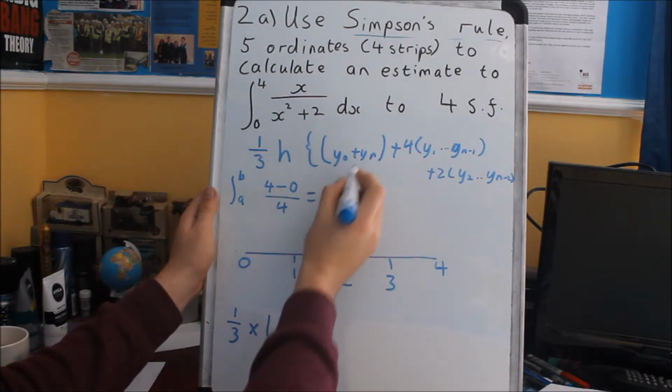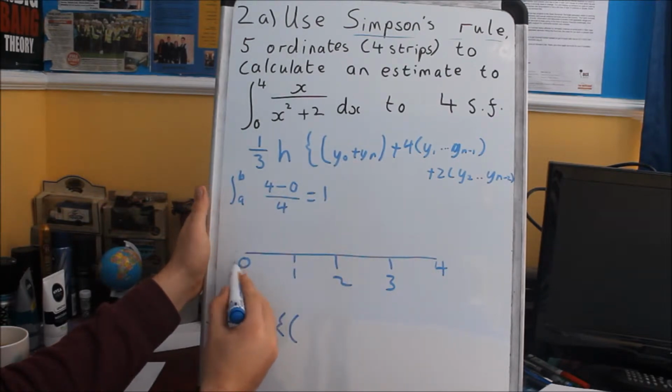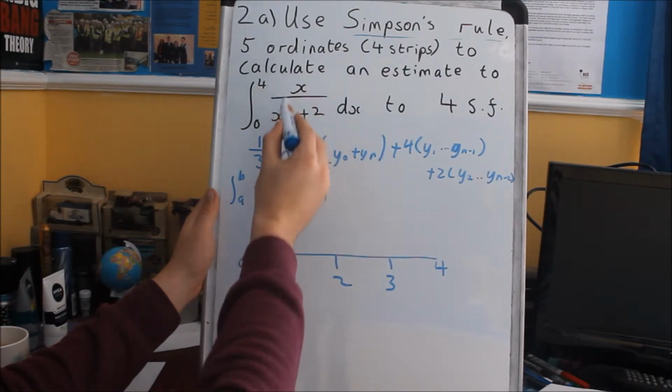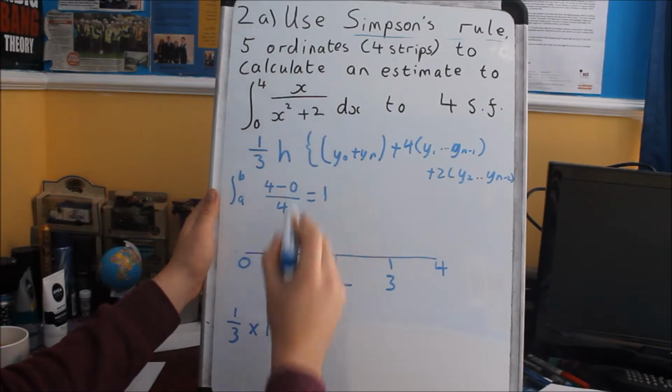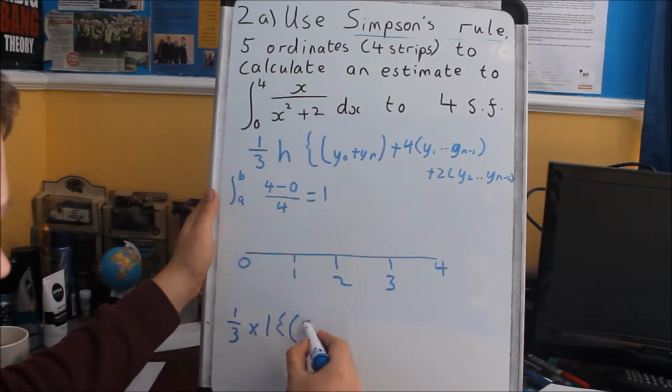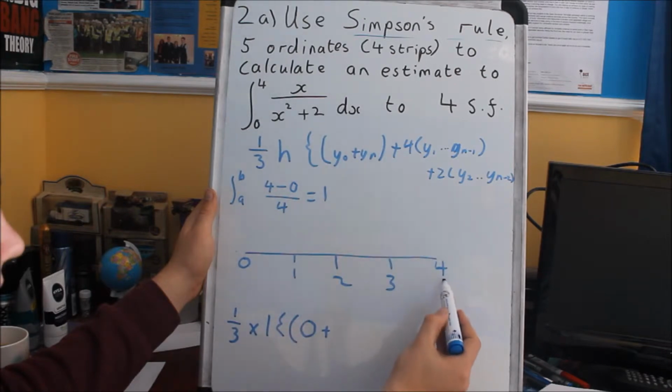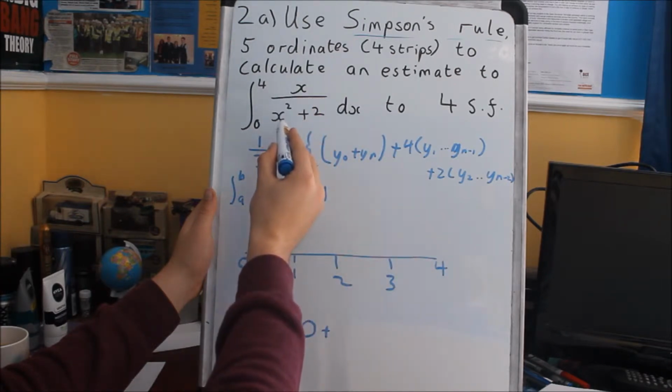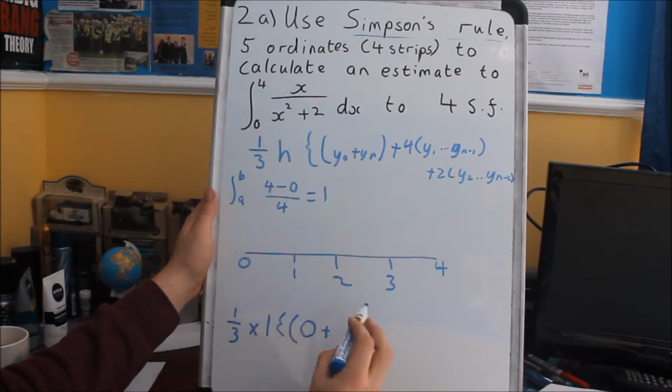So y0 is the first x value, which is 0. So we're going to have 0 over 0 squared plus 2, which is just 0. Plus, and then yn is the final part, which is 4. So it's 4 over 4 squared plus 2, which is 4 over 18, or 2/9 if you simplify that. That's the first bracket.